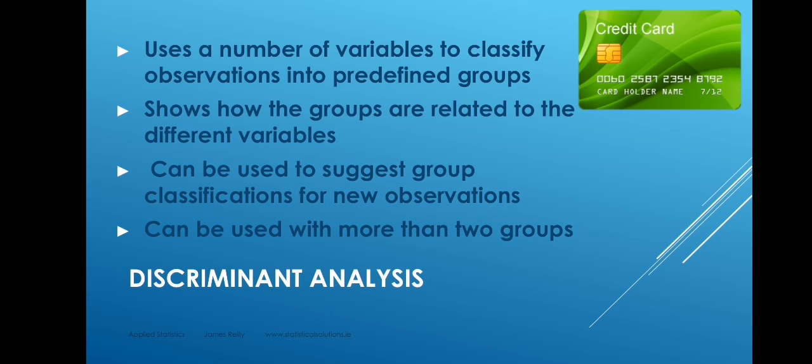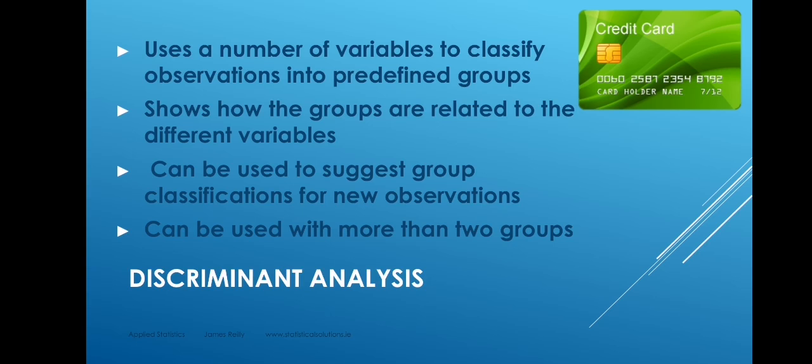So discriminant analysis uses a number of variables to classify observations into a number of predicted groups. And the groups must be known in advance. And this will help to explain the relationship between the variables and the groups. And it can be useful then for suggesting classifications for new observations that come along.